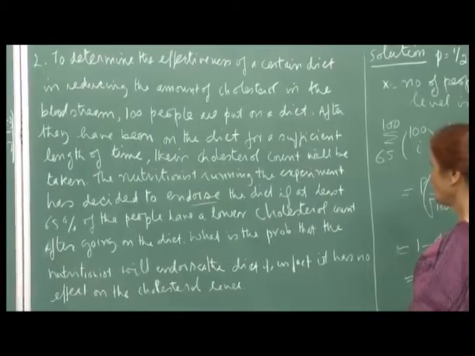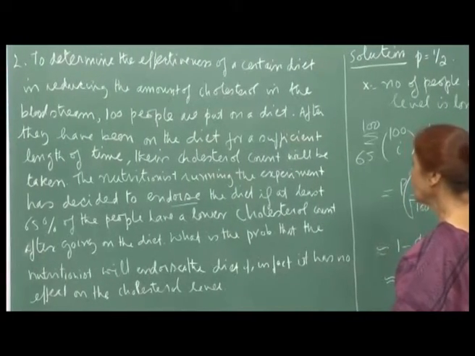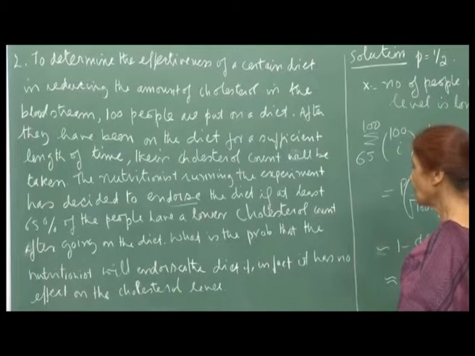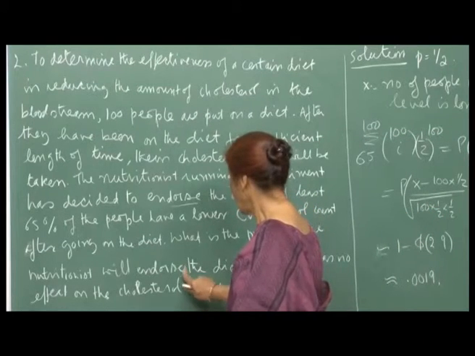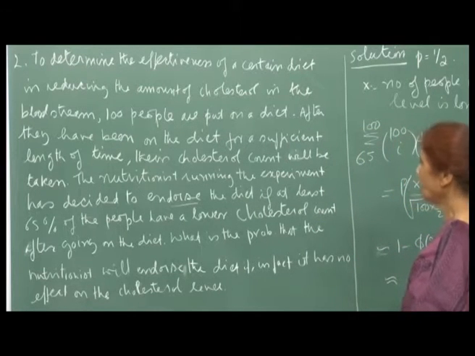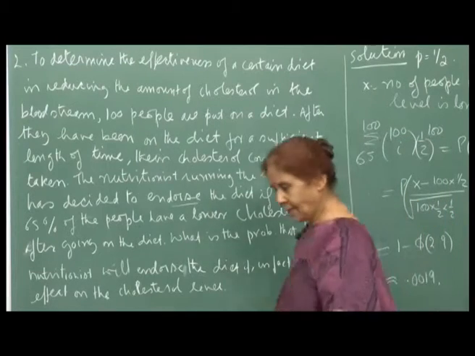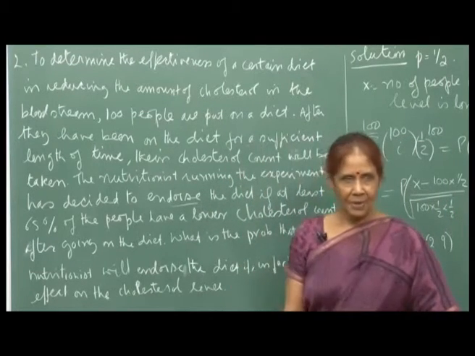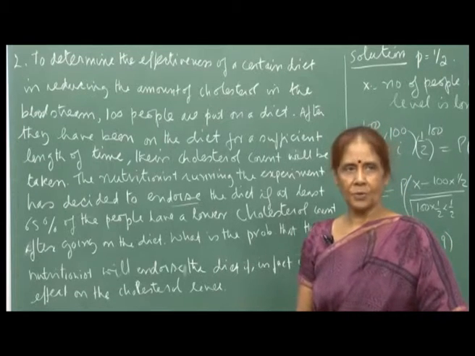Okay. So, now what we want to find out is the probability that the nutritionist will endorse the diet if in fact it has no effect on the cholesterol level. So, suppose the diet has had no effect on the cholesterol, but what is the probability that the nutritionist will still endorse it.